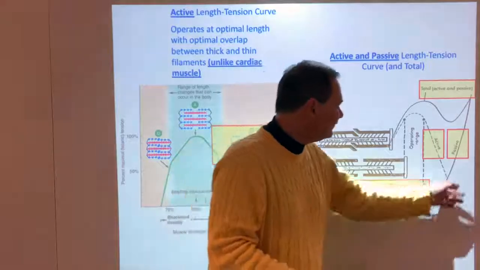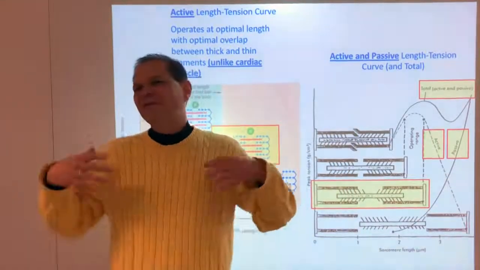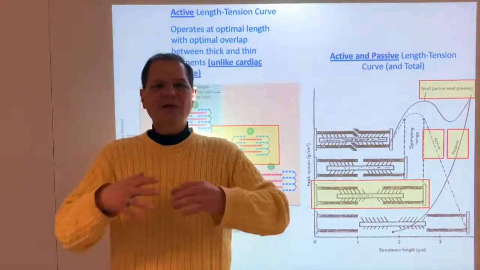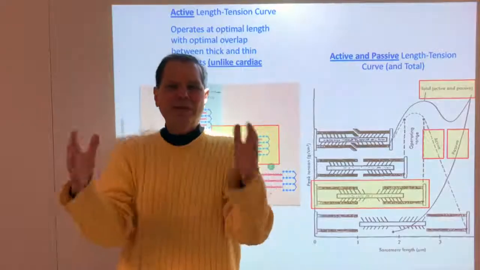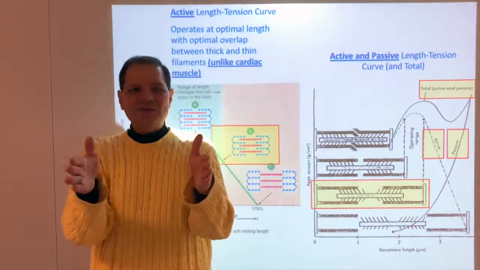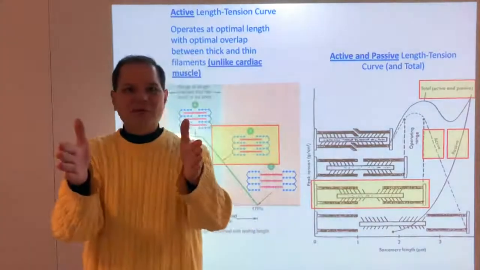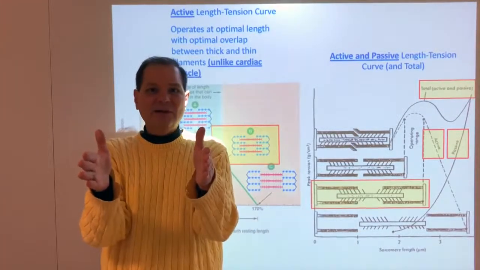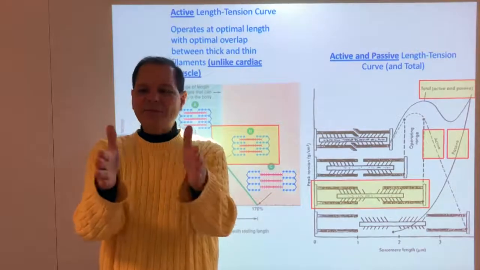Instead, this is because you're stretching your muscle like a rubber band. So you have proteins and cytoskeleton inside that muscle that really don't want to be stretched beyond a certain point, right? They're like a rubber band. And so if I stretch a rubber band, I generate more tension as I stretch it. If I stretch a cardiac cell, I simply generate more tension just because I'm stretching it, not because I'm stimulating it or causing any active contraction, just because I'm stretching it.